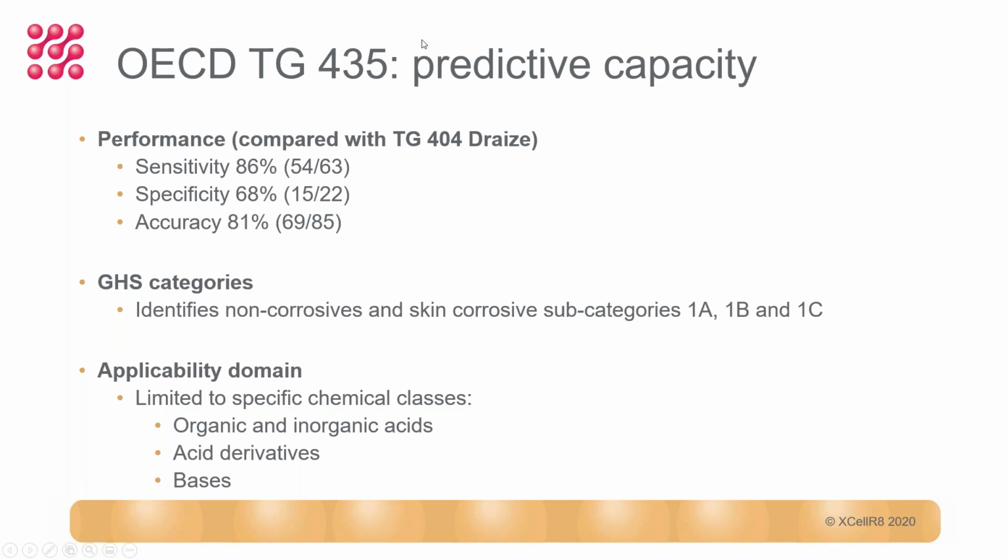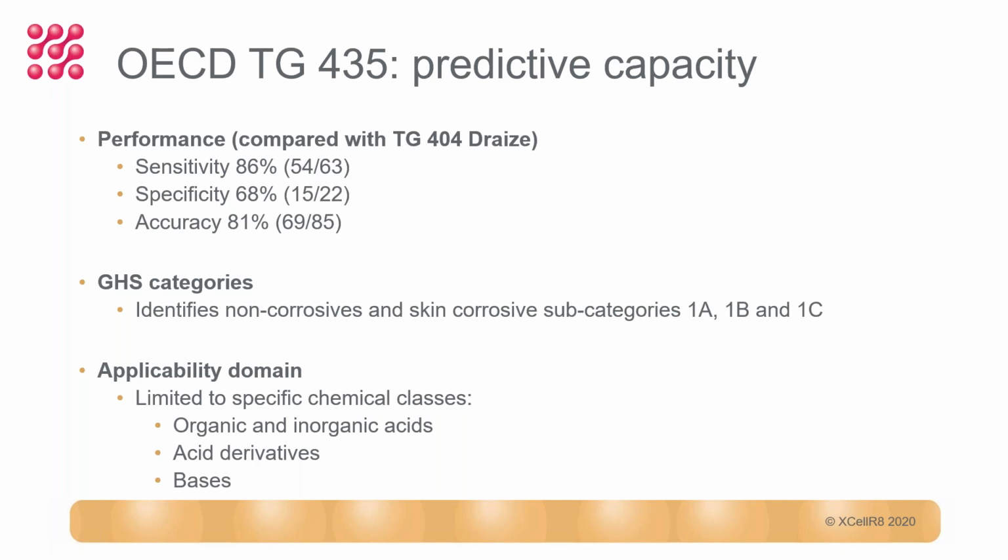So if you think about the predictive capacity of this test, this also has a fairly solid performance in relation to the Draize test. We've got a sensitivity of 86%, a specificity of 68%, and an overall accuracy of 81%. Now I think the big advantage of this test is that it is able to identify non-corrosives and all of the subcategories of corrosive.